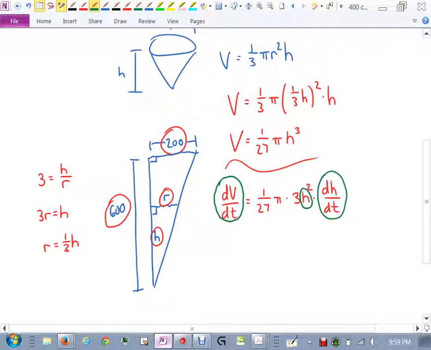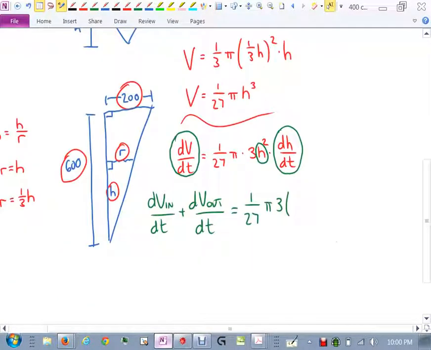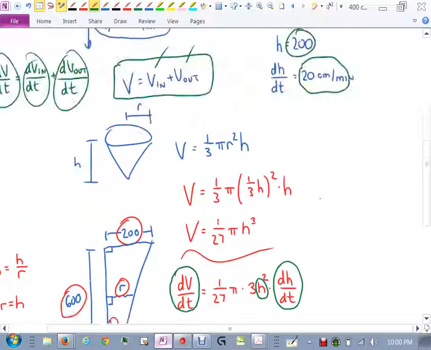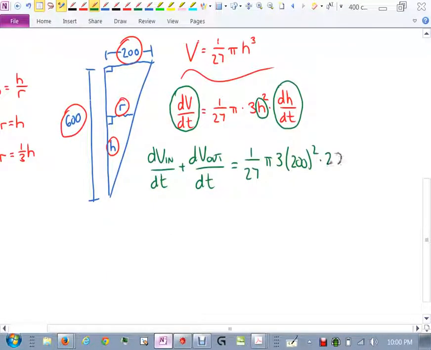So I'm going to plug that in here. This is dV in/dt plus dV out/dt, which must equal whatever all this is on this side. So we have pi/27 times 3 times h, which was 200, squared, times dh/dt, which was 20.